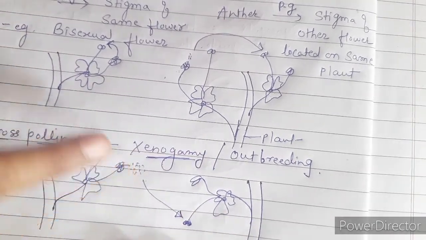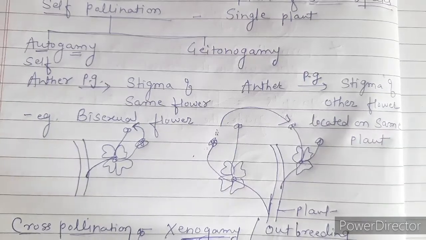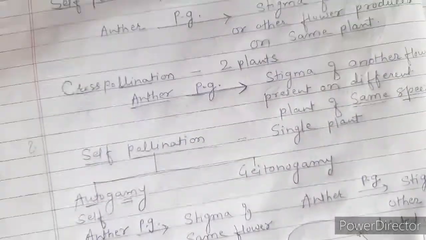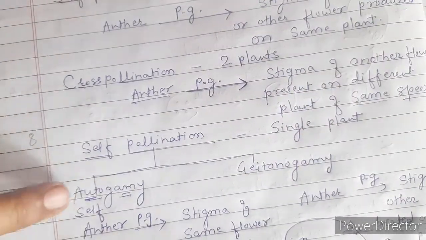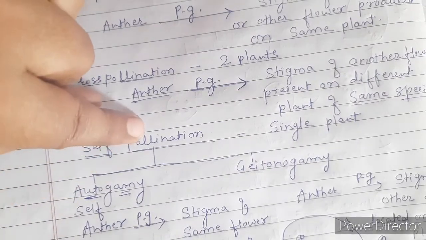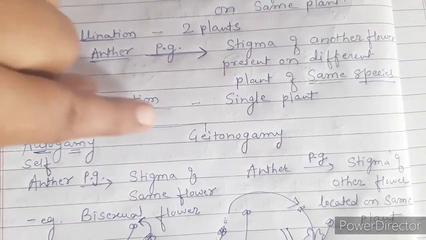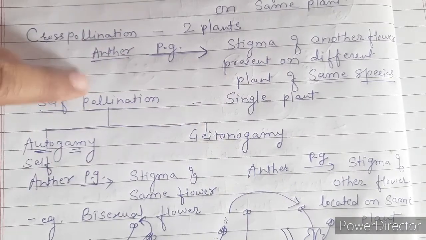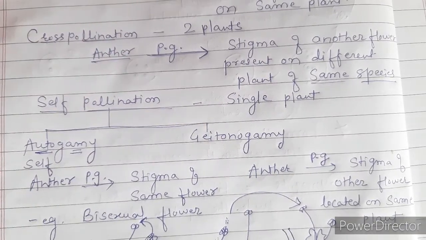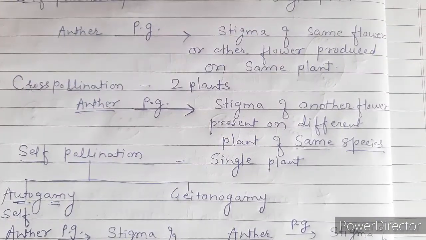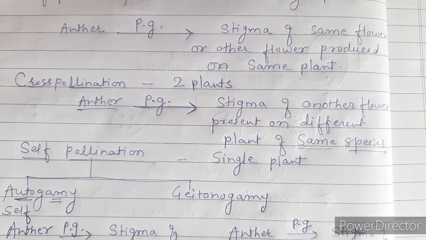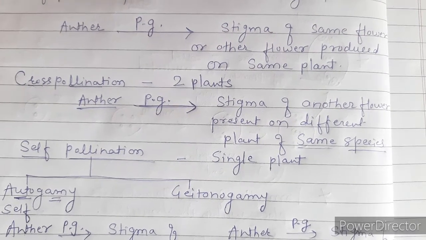So remember here, xenogamy means cross-pollination. Autogamy is also known as self-pollination, but geitonogamy is also a type of self-pollination. So here we complete the topic of pollination and the types of pollination.